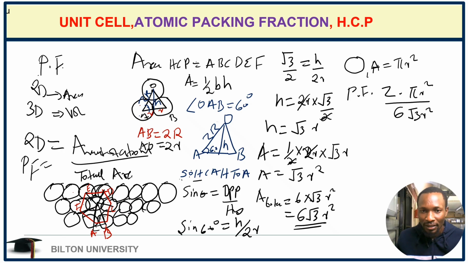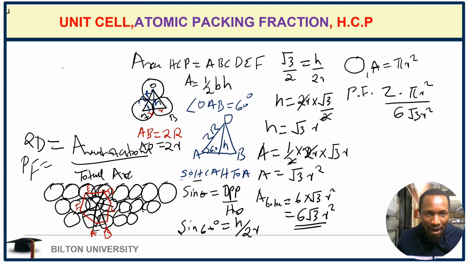Now what is Z? Z is the effective number of atoms in a unit cell, and from here we can determine the value of Z in 2D.